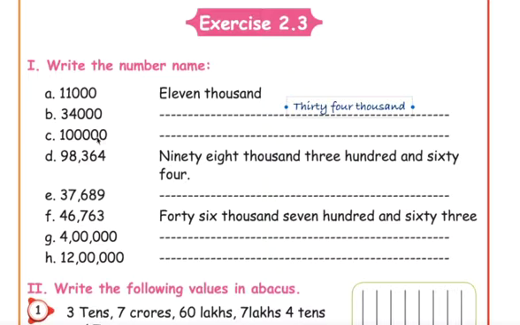Okay, ones, tens, hundreds, thousand, 10,000, 1 lakh. This is 1 lakh. Okay, write 1 lakh then. 37,689. Okay, this one 4 lakh, this one 12 lakh.